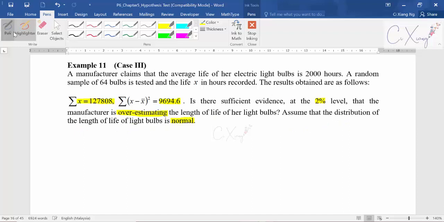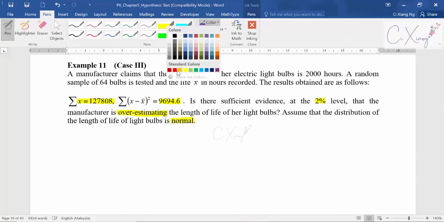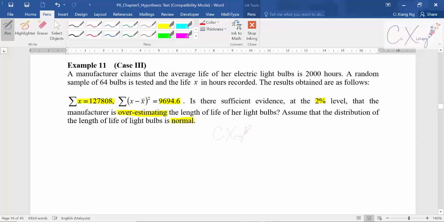Here they tell you to assume that the population distribution is normal. When you see this, that means you do not need to apply CLT. This is different from example 10, where they didn't tell you whether the population is normal or not, so you apply the central limit theorem in that case.